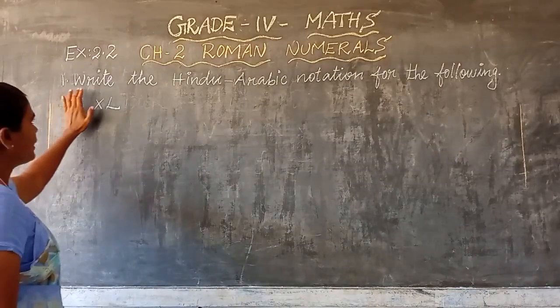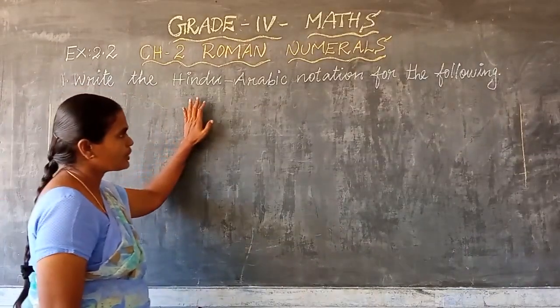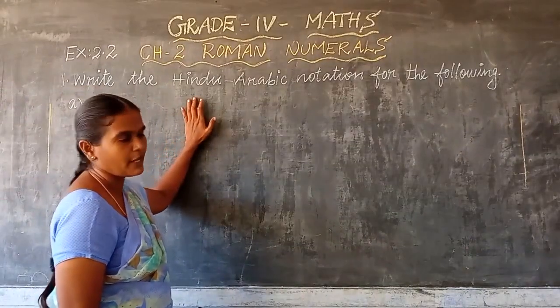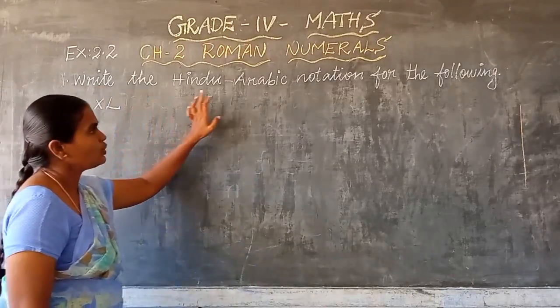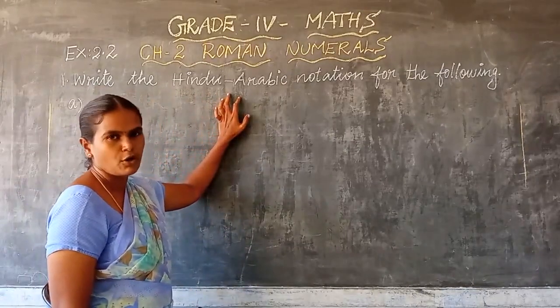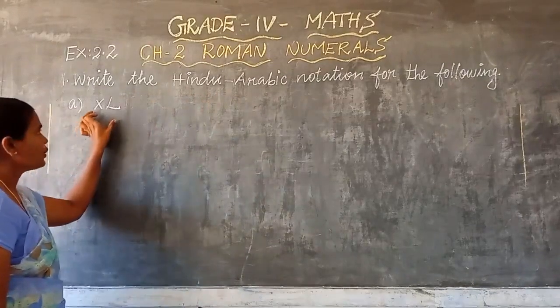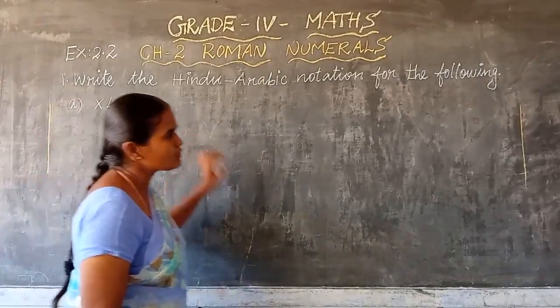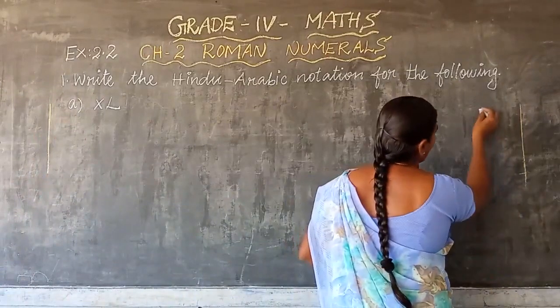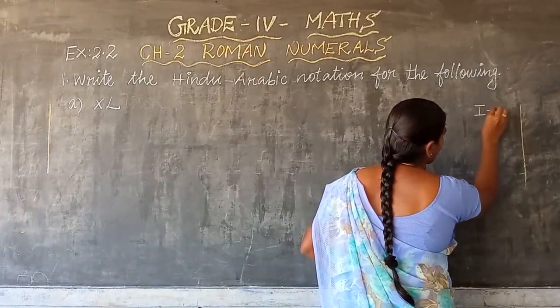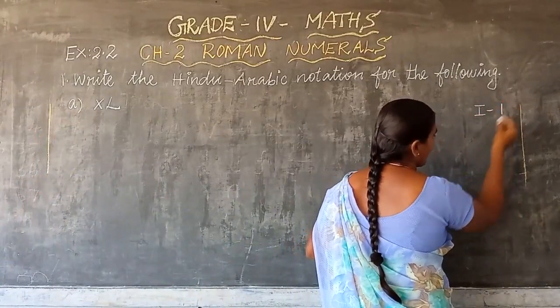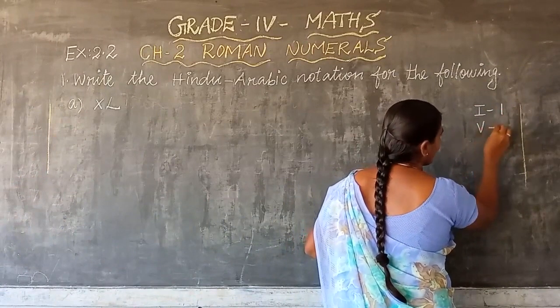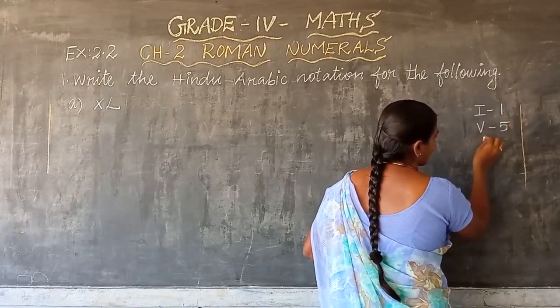Exercise 2.2. First one, write the Hindu-Arabic notation for the following. Here, Roman numerals are given, and you find the numbers. So first, write the value of I. Value of I is 1. Value of V is 5.